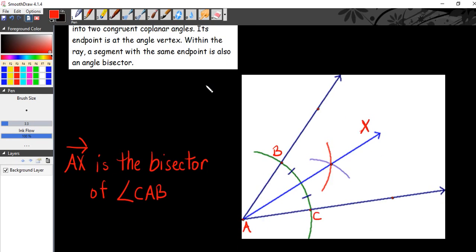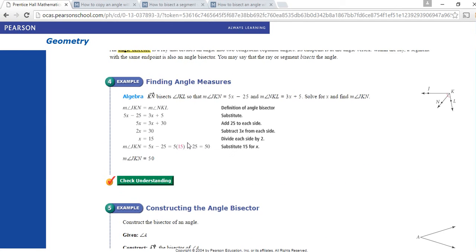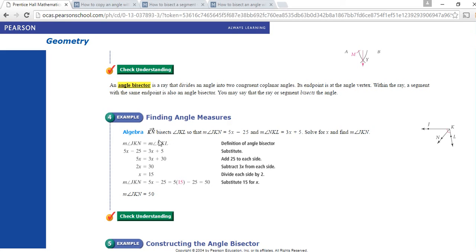I do want to show you this. If we move up here, we will have to use some algebra sometimes to find the measures of angles. So this says if KN bisects this angle JKL, and if JKN is equal to 5x minus 25, this one right here, and NKL, this angle, is equal to 3x plus 5, we're asked to solve for x.